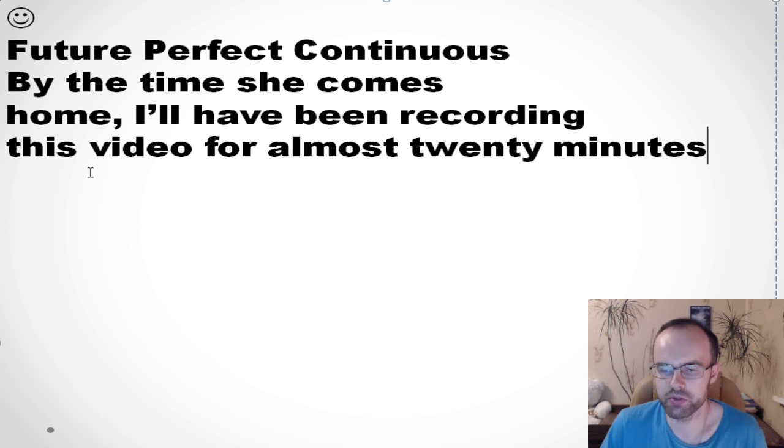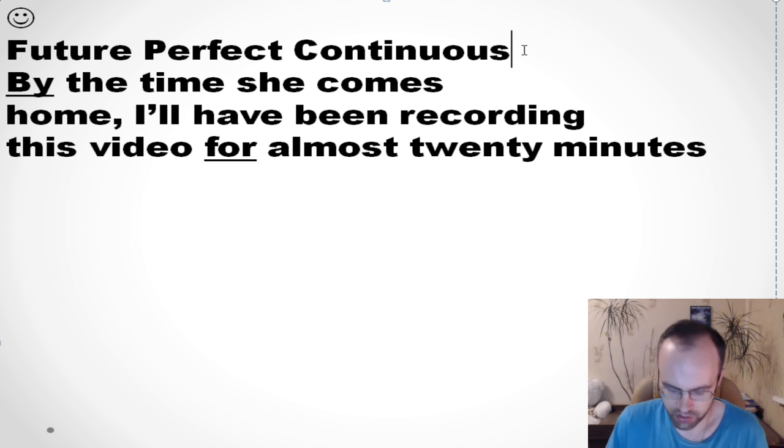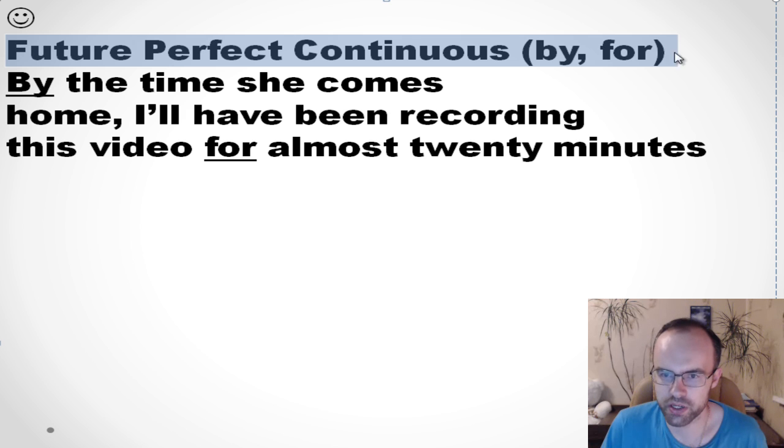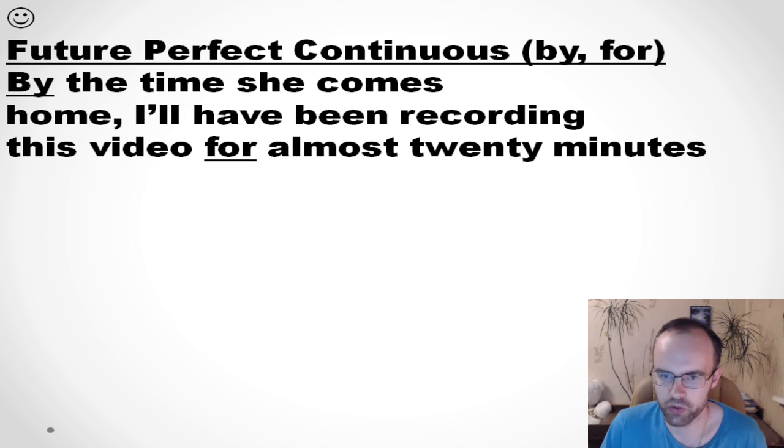So it's the same situation, but it's about the future, and we use it with by and for. So you know that we use future perfect with by, and we use future perfect continuous with by and for. You need to remember it.